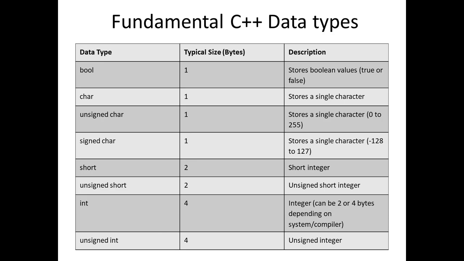For instance, capital letter A is 65. So when you assign capital letter A to a char variable, what you're actually doing is assigning 65 to it. But when you want to output the value, it will not output 65. Rather, it will output the symbol that 65 represents. So that means inside it carries a number, but outside it displays a character.